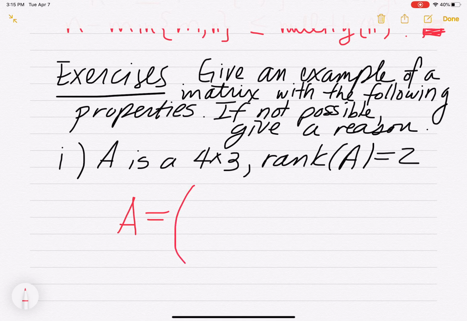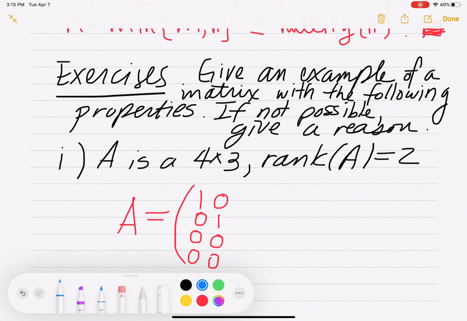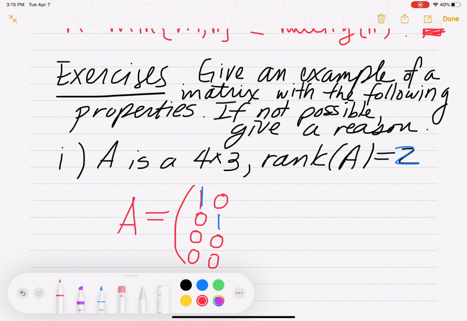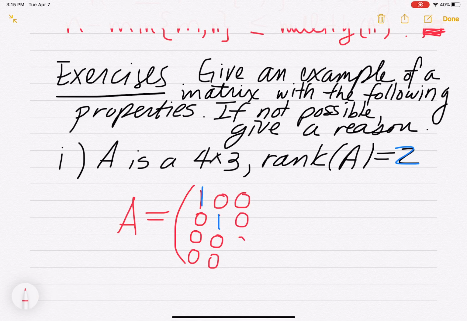So we're going to do 1, 0, 0, 0, 0, 1, 0, 0. We already have our 2 pivot columns, because the rank is 2. And we just need to add an extra column to make sure it's 4 by 3. We have to have 4 rows and 3 columns. So 1, 2, 3, 4, 0. So that'll do it. You wanted a rank of 2. That's it.